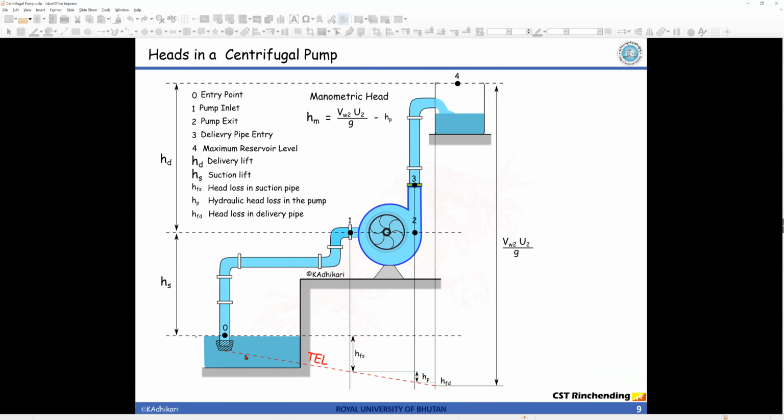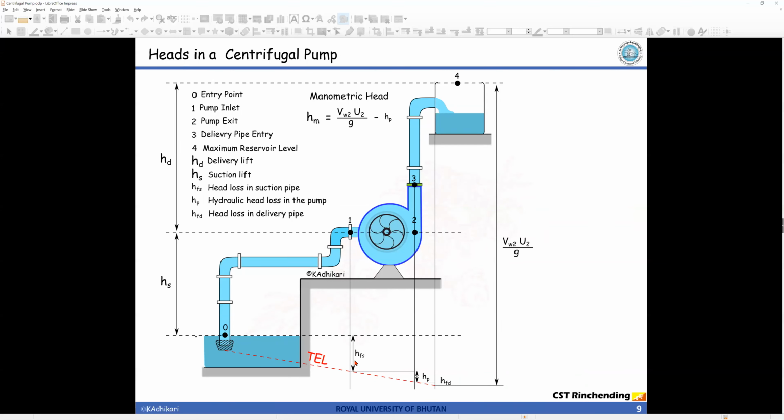In fact this line should be touching exactly at this point, but I have kept it a little bit below to show that there are some losses at the entrance and the strainer. As it goes, there will be a negative slope, right? Because as the water moves there will be some losses. If there were no losses, this line would be straight.